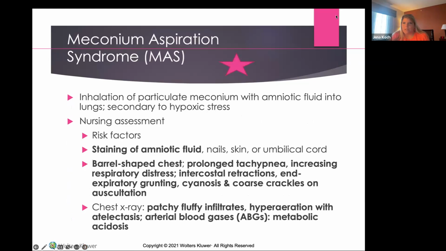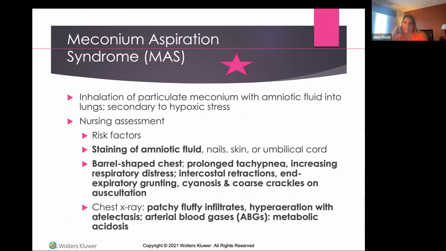So meconium aspiration. This is where they're inhaling that meconium particulate, along with amniotic fluid. It's secondary to that hypoxic stress. You will see newborns with staining of the amniotic fluid, right? When the membranes rupture, it can be green, it can be thin, it could be thick like pea soup.